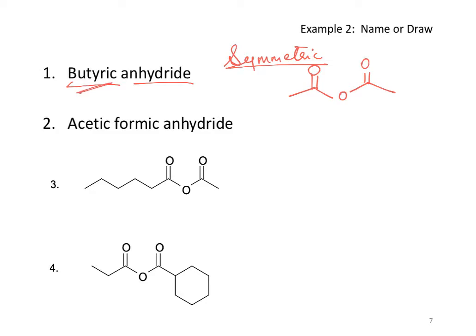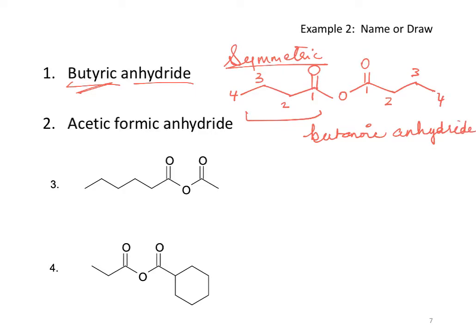It says butyric. So you're not going to call it dibutyric, by the way. 1, 2, 3, and 4. Just butyric. So 1, 2, 3, and 4. That should be the structure of butyric anhydride. Butyric anhydride stems from butyric acid, which is rancid butter, which is also butanoic in the IUPAC system. So you could call it butanoic anhydride as well.